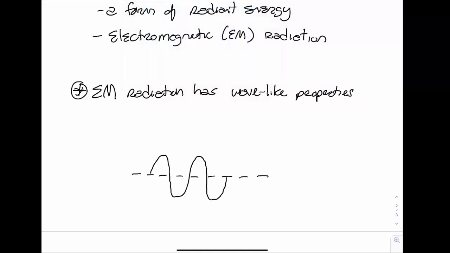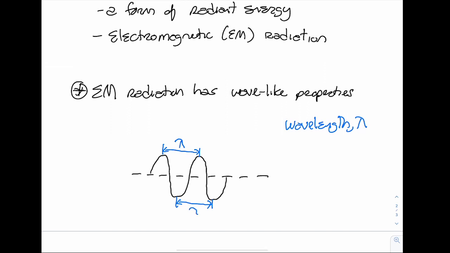So wavelength is the distance between 2 consecutive peaks or 2 consecutive troughs, which is the bottom, right? It's the peak turned upside down. So those are my wavelengths. Our symbol for wavelength is the Greek letter lambda. So this is my wavelength.